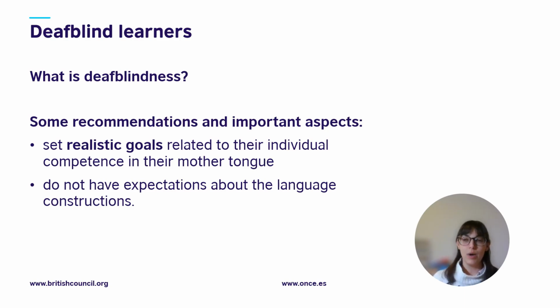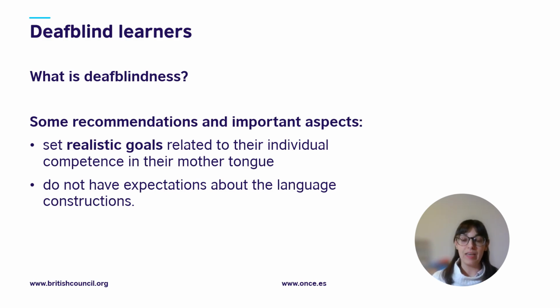Okay, so the truth is that if we have a deafblind learner in our class, it will mean that this person, this student, can have the ability to communicate at different levels, but he or she will for sure have the capacity to communicate.